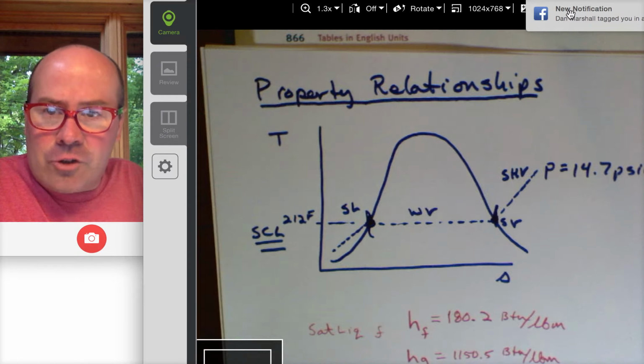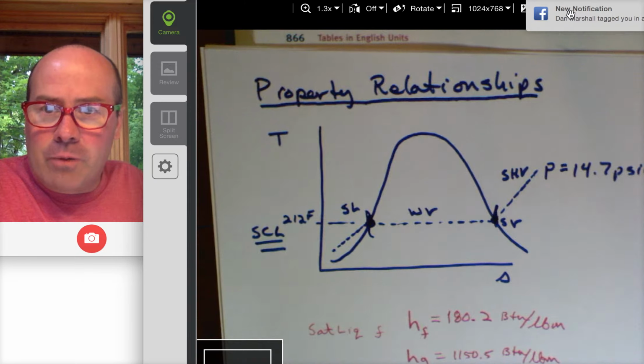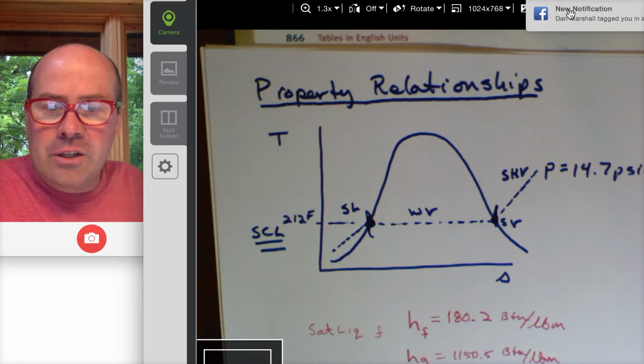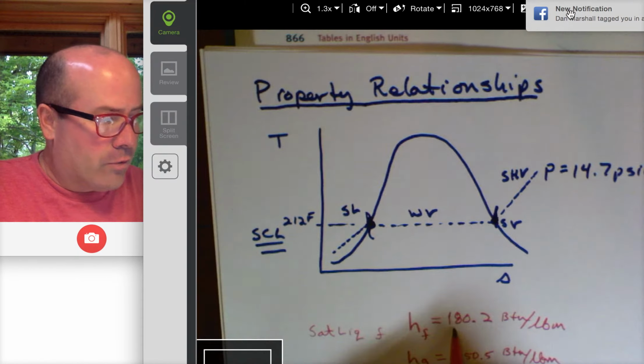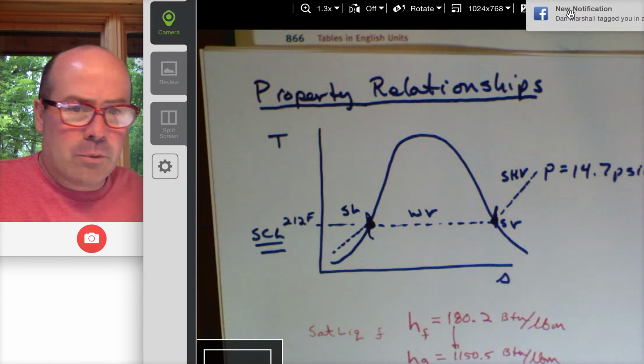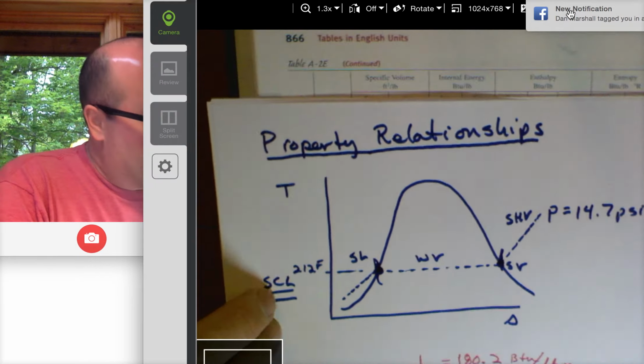In fact, it turns out that that amount of energy has a name we've heard before. It's the latent heat of vaporization. It's how much energy it takes to go from a liquid at saturation to a vapor. It's so common that they even put it in the table.